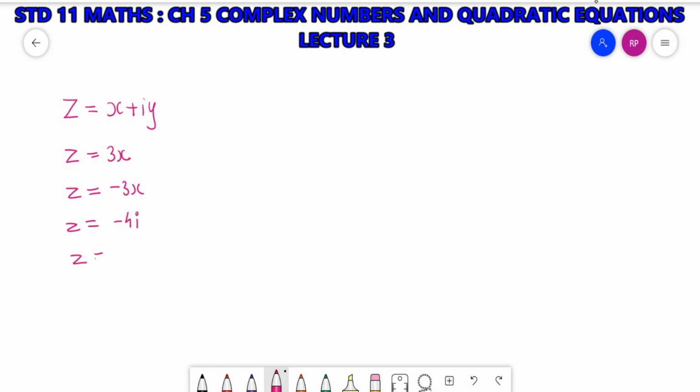Now in the first one, if I am representing it in the Argand plane, then z is equal to 3.